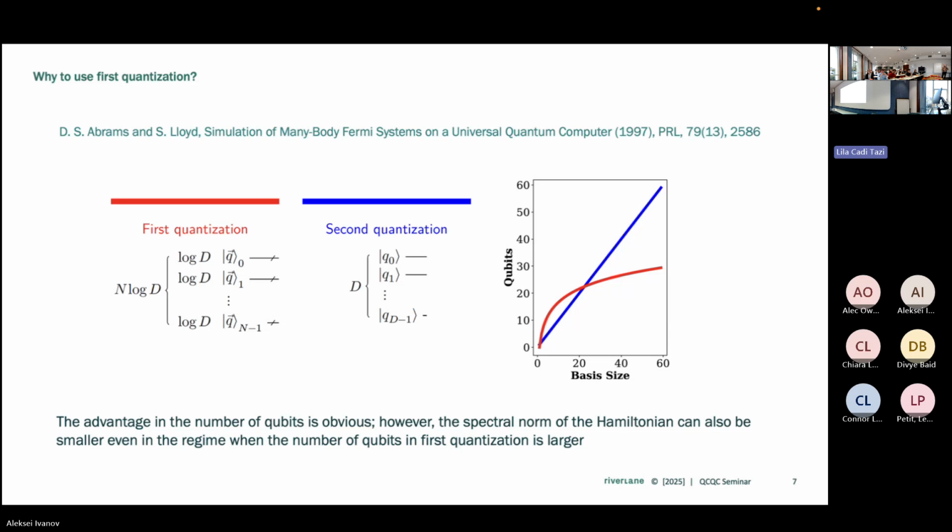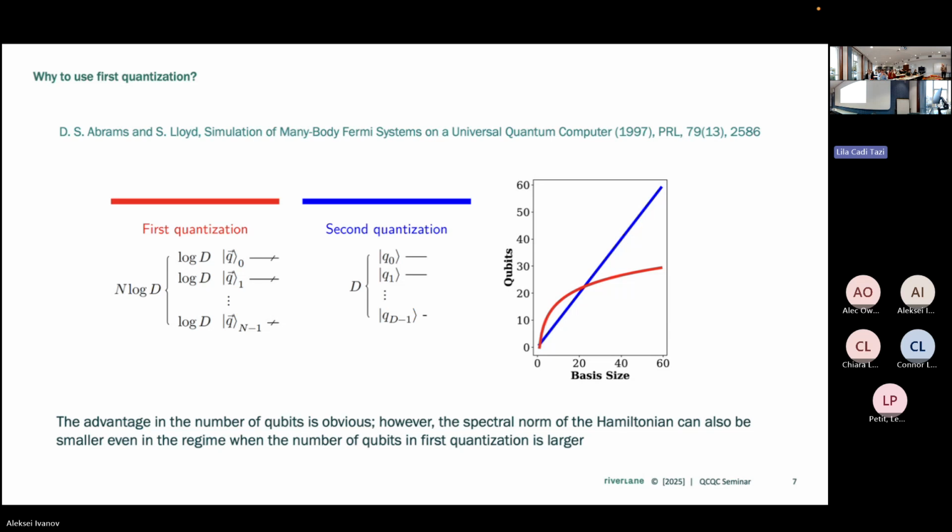So in total, you will need n log d qubits, and it was quite early noticed that you can get exponential separation when you fix the number of electrons and increase the size of your basis set so as to calculate energy more accurately. You can see that at some point there is an exponential separation between the number of qubits, and first quantization clearly becomes more favorable than second quantization.